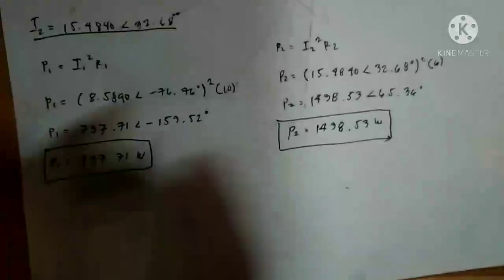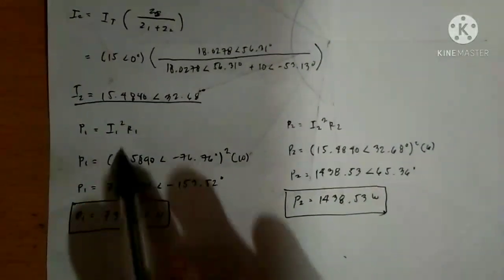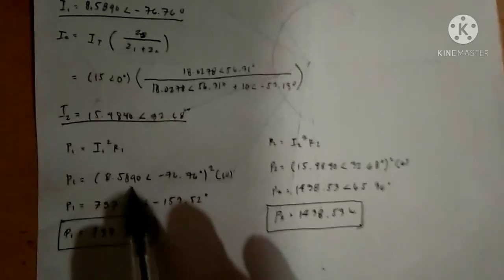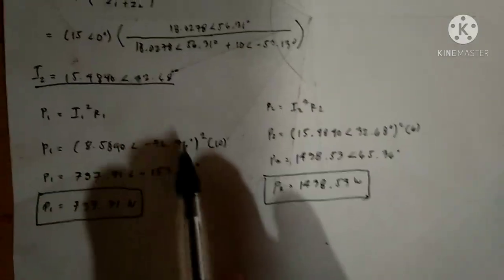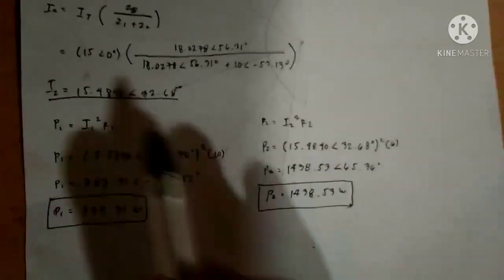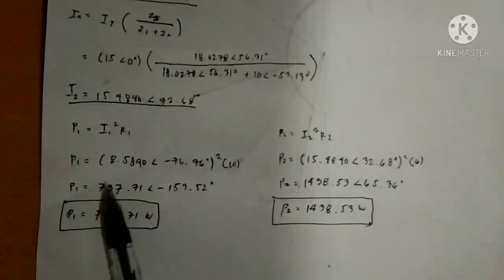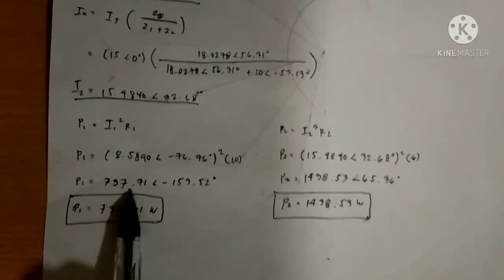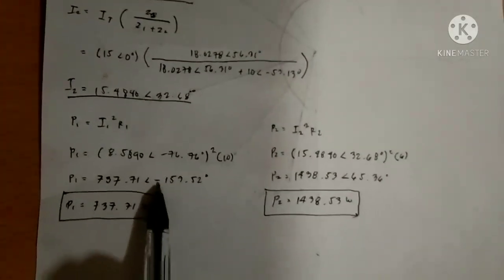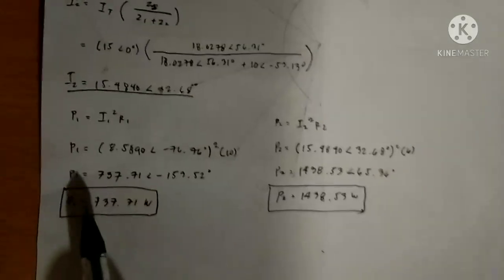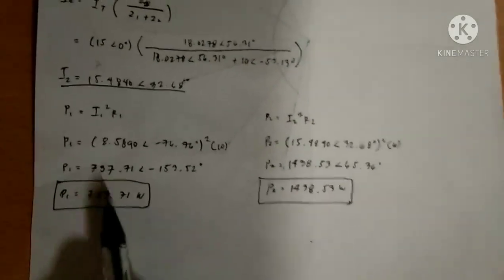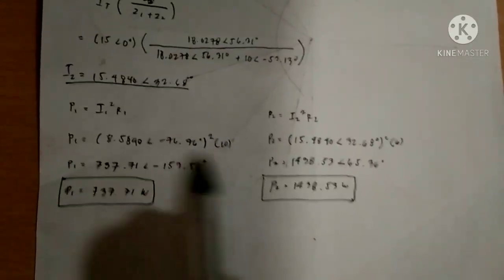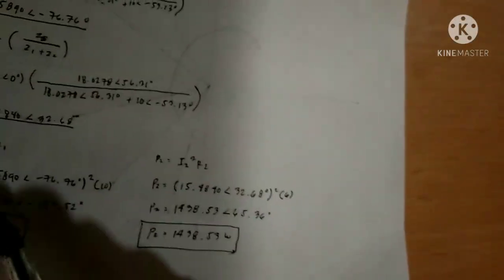We have all the variables needed, so we substitute. Our I1 is 8.5890 angle -76.76 degrees squared times 10, our resistance. It will come up to 737.71 angle -53.52, but our answer will only be 737.71 watts because the angle is only the direction. So our answer is this, but you can also put the angle if you want.